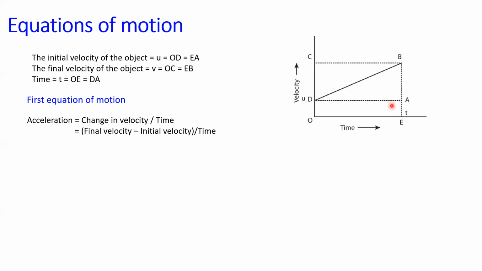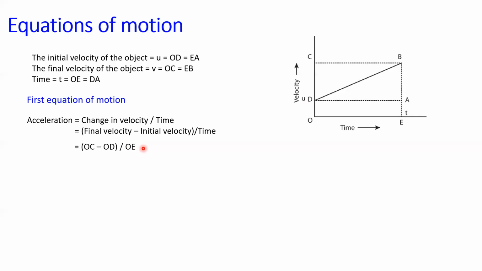To get the first equation of motion, we are going to use the definition of acceleration. The acceleration may be given by the rate of change of velocity. So a is equal to change in velocity by time. So change in velocity may be calculated by taking final velocity minus initial velocity, by time.